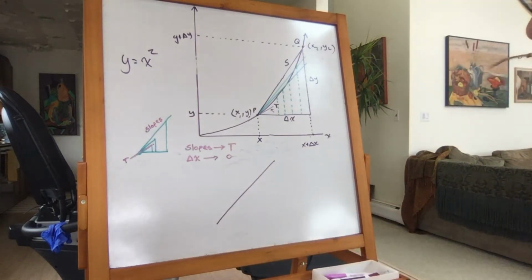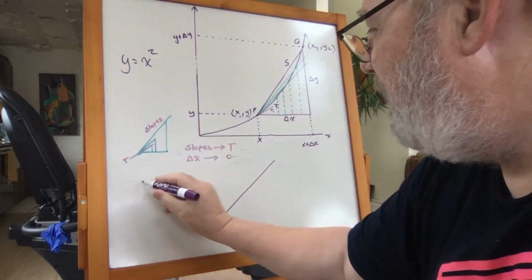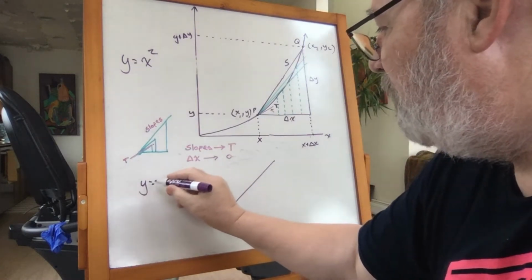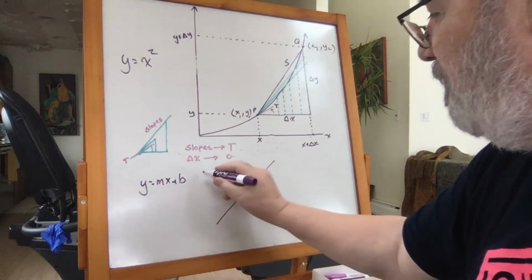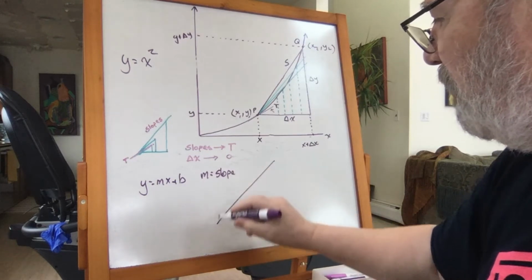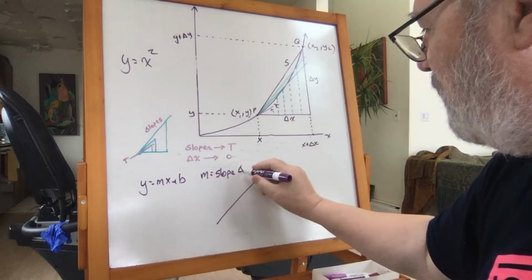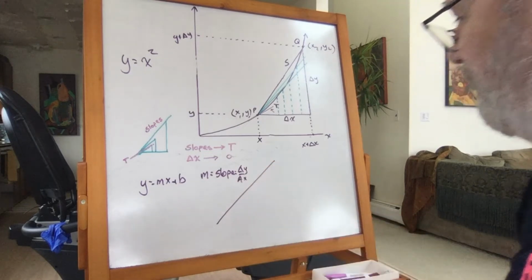to calculate the slope of a line, we have the equation of a line, y equals mx plus b, where m is the slope, which is basically the change in y over the change in x.